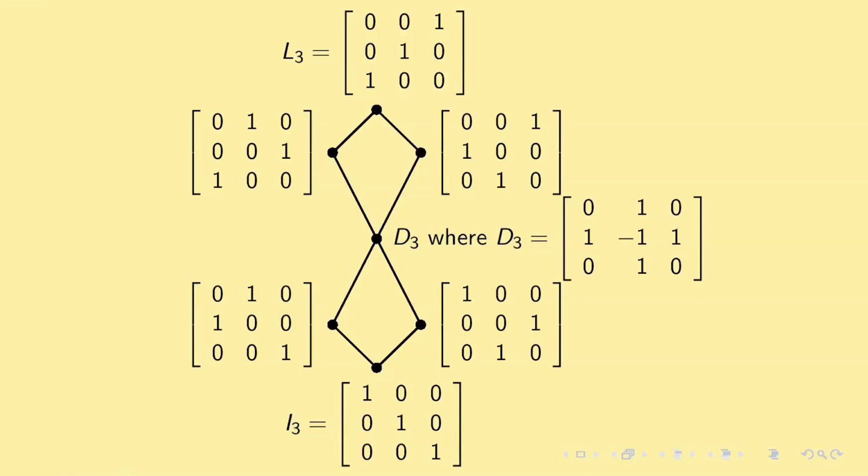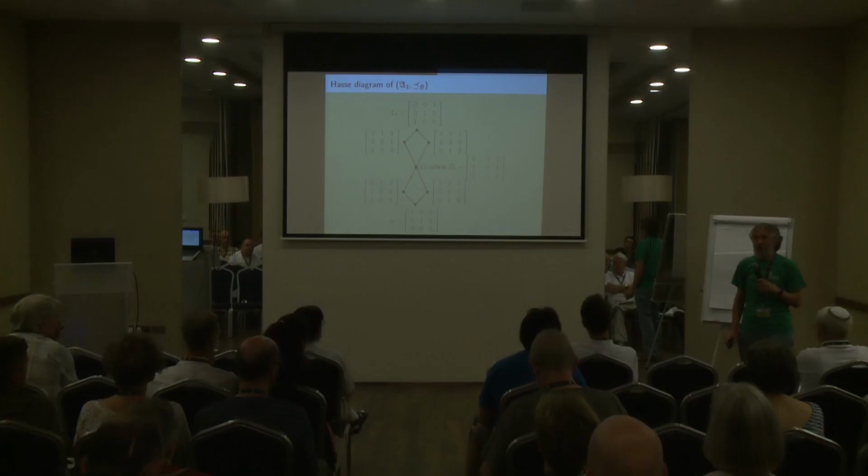Well, so here now is the Hasse diagram for the 3 by 3 alternating sign matrices. Remember, I had a problem with these two permutations that didn't have a meet, and these two permutations that didn't have a join. Well, now there it is: the unique non-permutation alternating sign matrix of order 3.